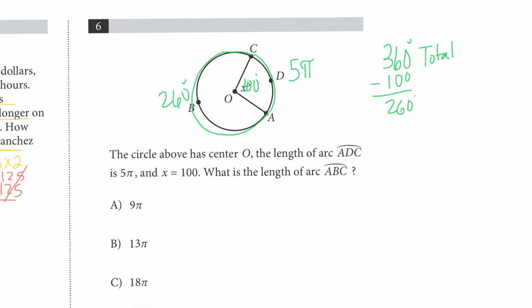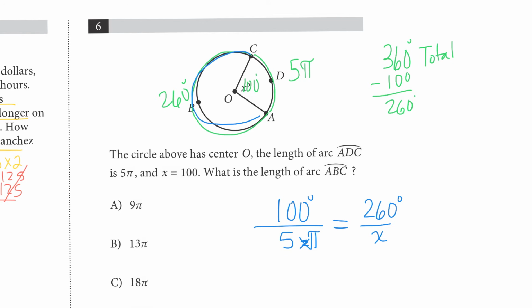And so we can set up a proportion. We can say then that 100 is proportional to 5 pi, that's the arc length, as what we're looking for, the arc ABC, and that represents 260. I don't know why I put x here, this should be 5 pi, and what we're looking for is x.